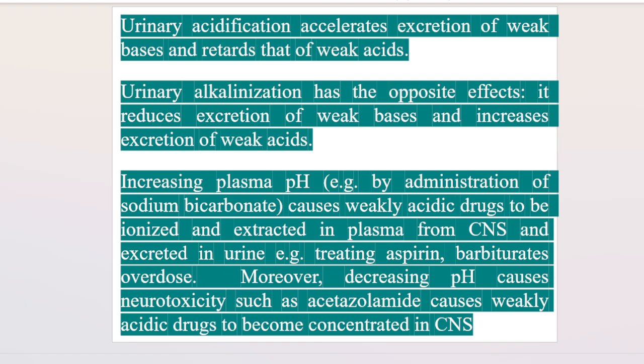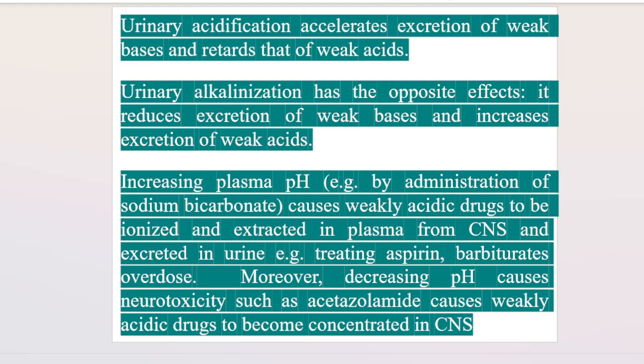Our urine is already acidic in nature. If you make it further acidic, the weak basic drug will be very quickly eliminated from the body. If you make it more basic, then the acidic drug will be more readily excreted in the urine, because the drug becomes ionized. So if the pKa value of the drug is on the acidic side and the urine is basic in nature, then it will be eliminated.